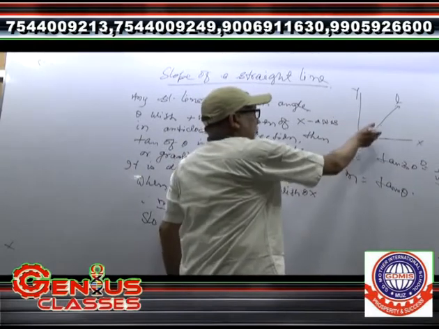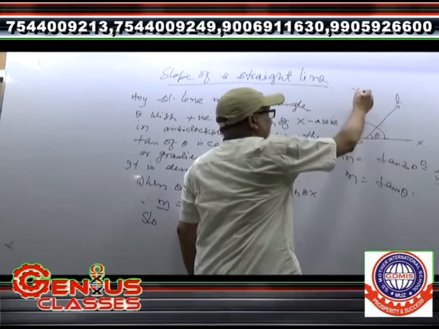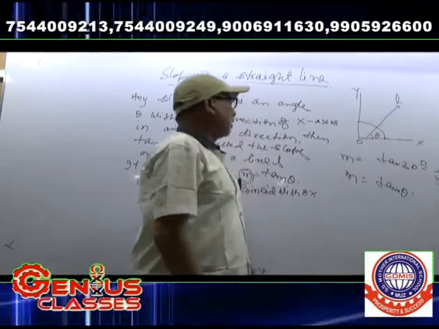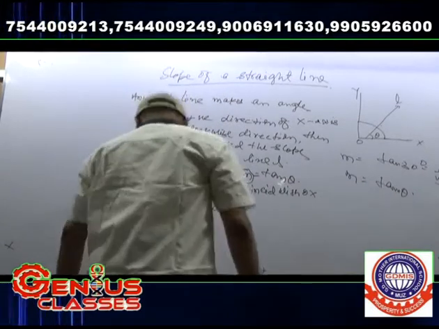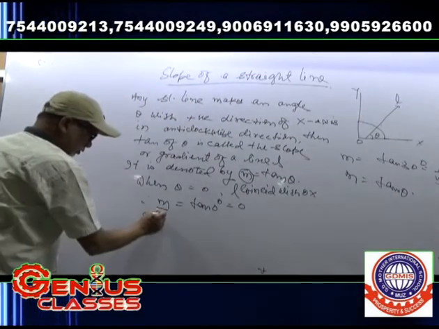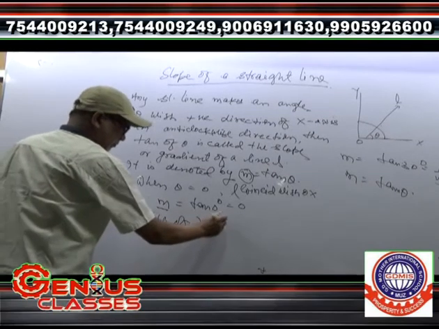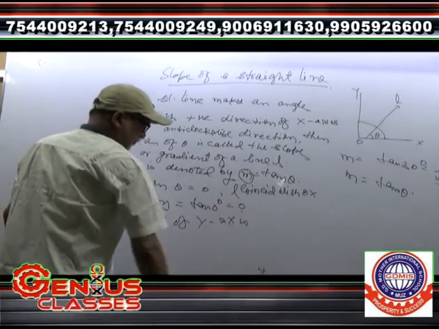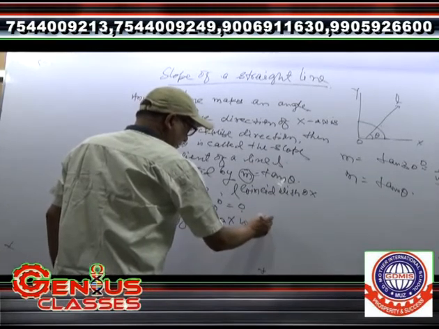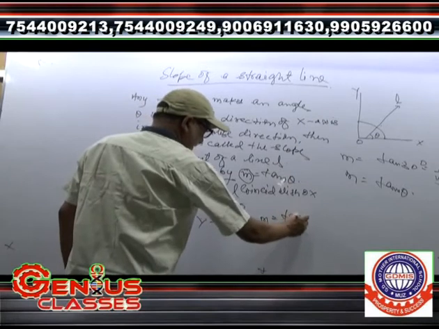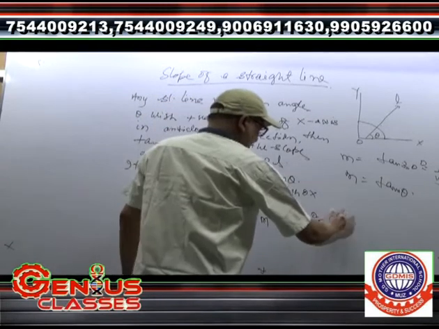X-axis से उसका एंगल जो बनेगा, this angle is 90 degree. अगर L y-axis पर coincide कर जाए, तो theta is equal to 90 degree. When slope of y-axis is m is equal to tan 90 degree is equal to infinity. That is not defined.